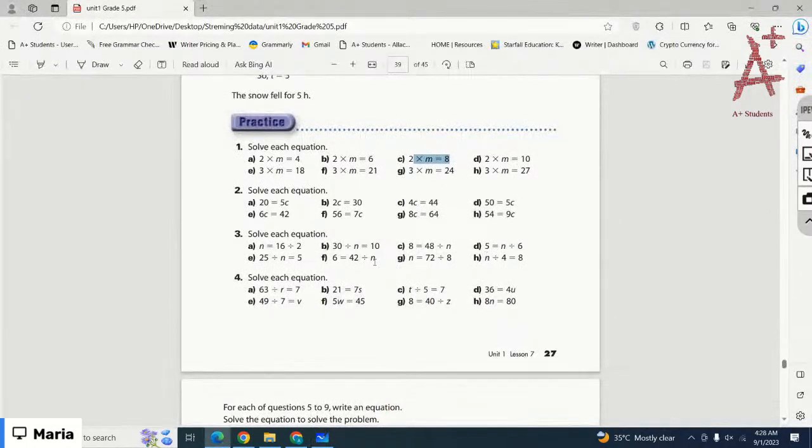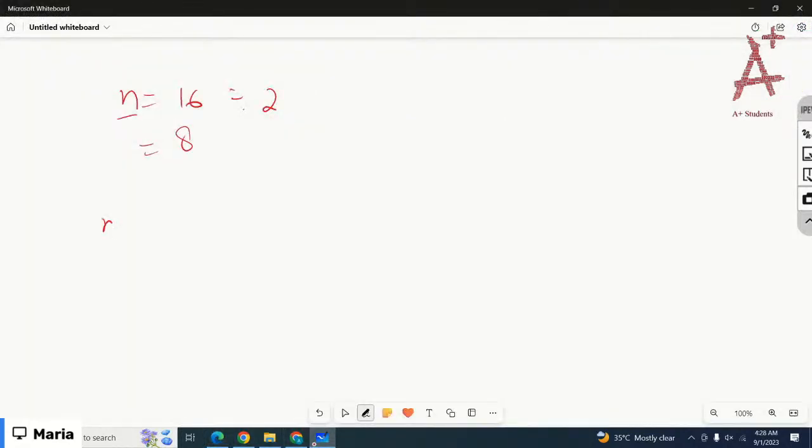Okay, the next one is n equals 72 divided by 8.